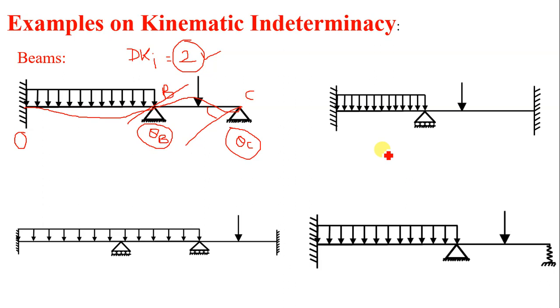Let us come to the next beam. In this beam, the left hand support is fixed and the right hand support is fixed, therefore the degree of freedom at a fixed support is 0. Now here this roller cannot move in the horizontal direction.